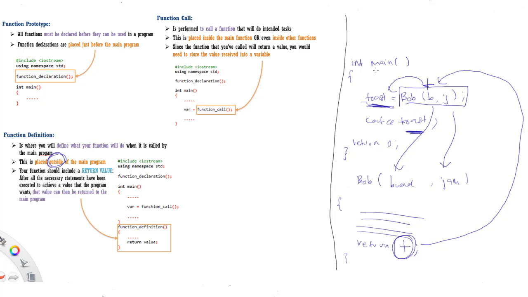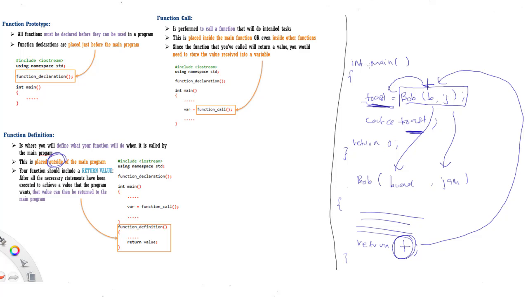All right. Now, function prototype is the declaration of your function. Since I have a function called Bob and I place it outside of the main function, at the top here, I must declare it. Whenever you execute a program, it will read from top to bottom.